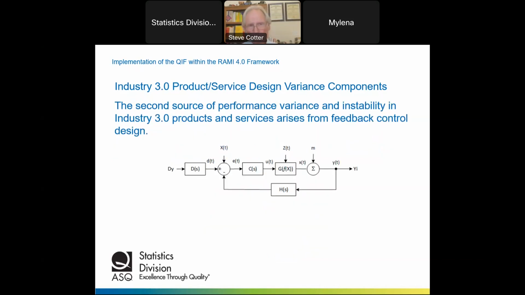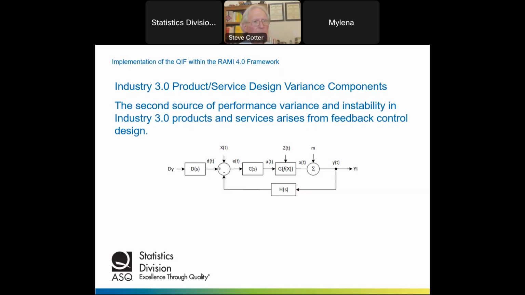Moving on, the second source of performance variance and instability in Industry 3.0 products and services arises from the feedback control design. If you look at the feedback and feedback control literature, there are a number of representations, but this is the closest representation to the y equals f of x transformation feedback control loop in quality systems.